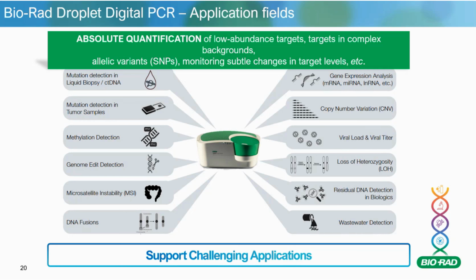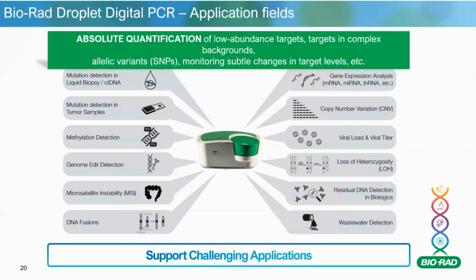Viral load and viral load titer, really helpful to know the actual and absolute viral load of samples, and also great if you're ever wanting to make your own standards in your labs. You can have a quantifiable amount of your standard, and you can even look to sell it or something like that. Loss of heterozygosity, quite straightforward.